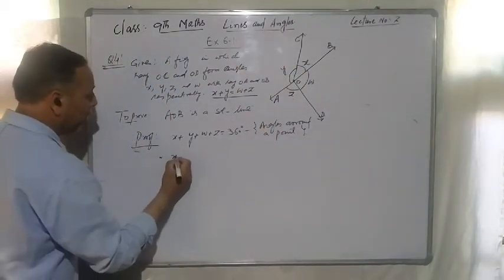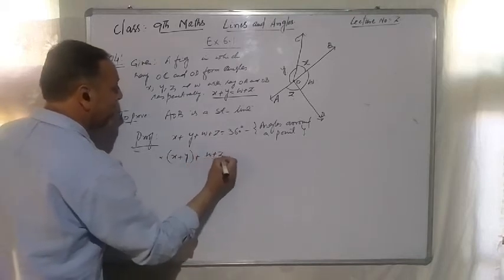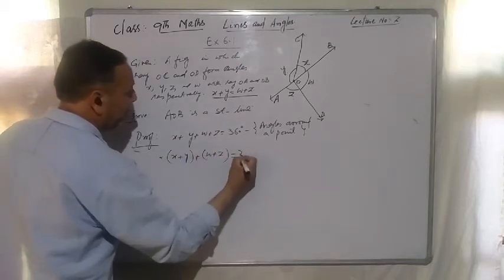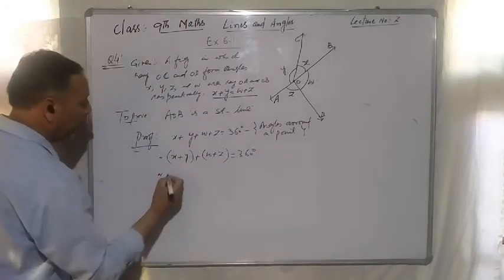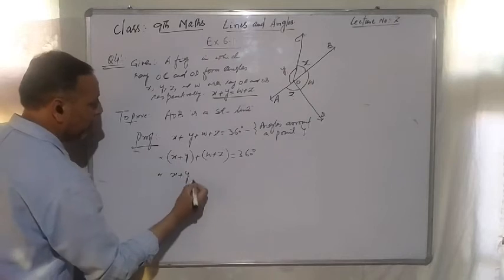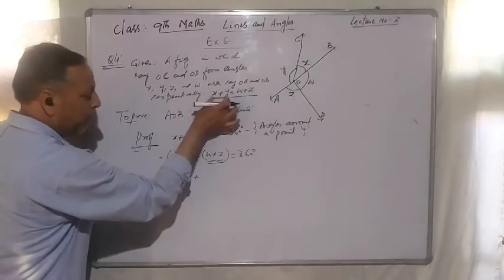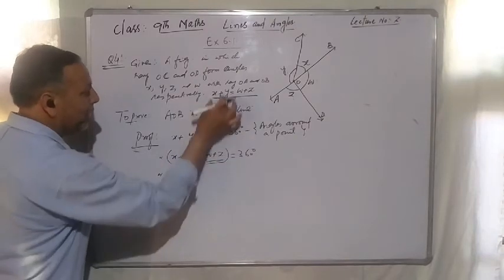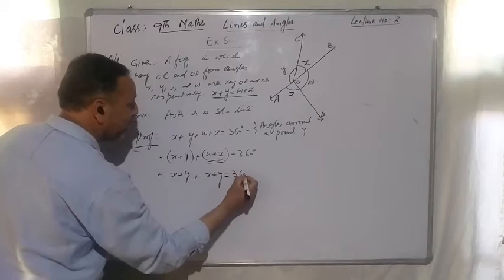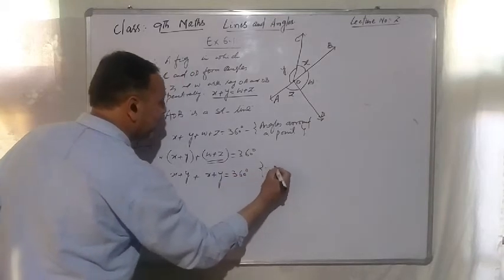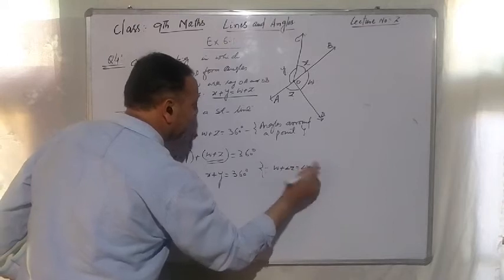Now, X plus Y and W plus Z is equal to 360 degrees. Since W plus Z is also equal to X plus Y, instead of W plus Z, let's write X plus Y, so it is equal to 360 degrees because angle W plus angle Z is equal to angle X plus angle Y.